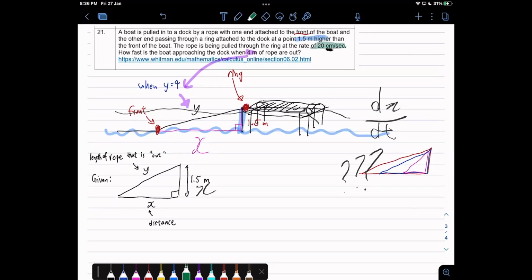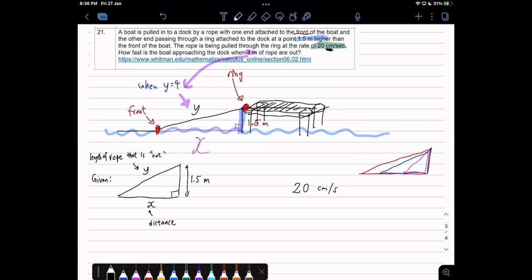What else is given that I haven't written down? The 20 cm per second. What is it? The rope is being put in, so it's d what over dt? dy over dt, correct. Good. Because this part is the y. But wait, here is meters and here is cm, so is that a fair comparison?